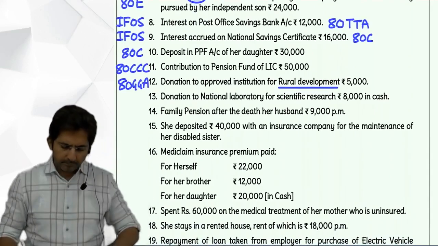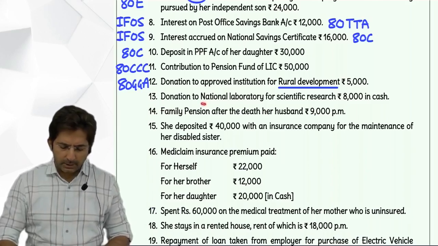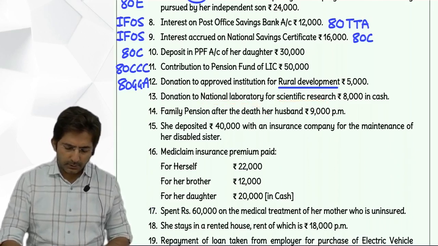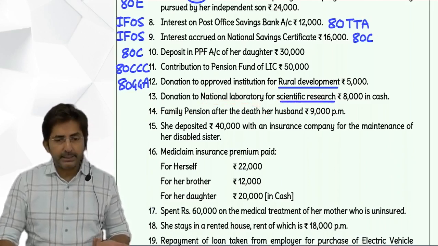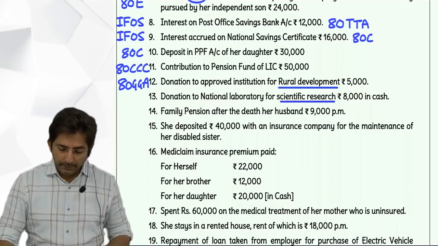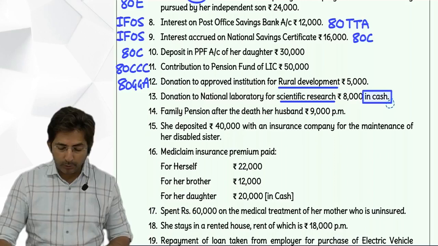Then, what about the next donation? National Laboratory for Scientific Research. Again this is for research, and research donation is allowed in 80GGA. But here it is in cash. Cash is allowed only up to 2000. Remember, yesterday only I had explained all this.